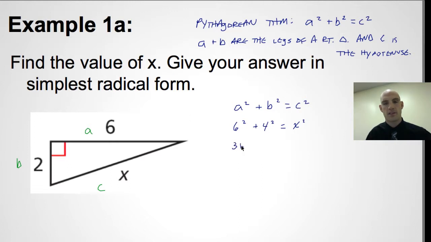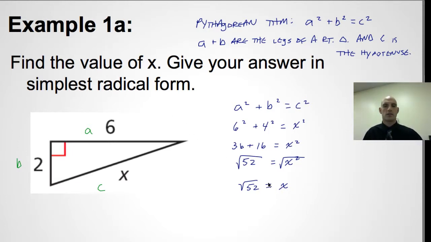I'll simplify this into 36 plus 16 equals x squared, and I end up with 52 equals x squared. I'm going to take the square root of both sides, so the square root of 52 equals x. Now I have to determine whether I can take out a radical.